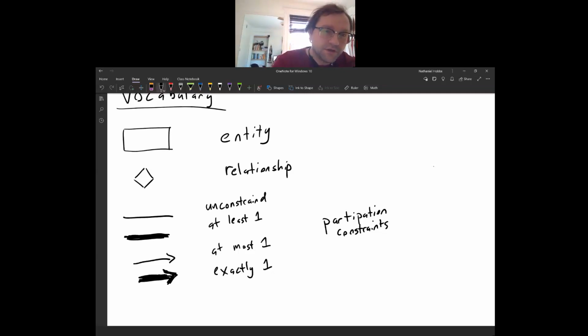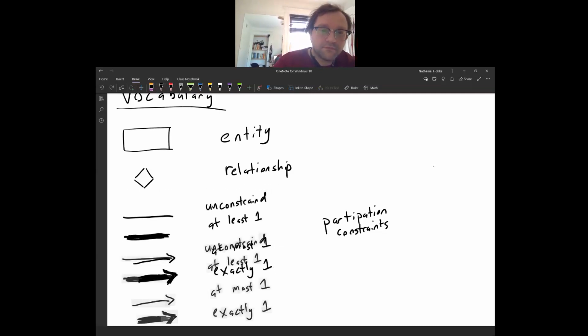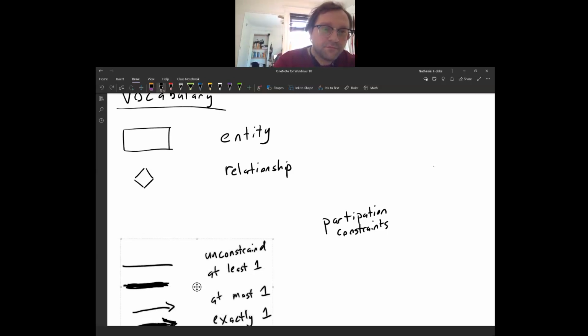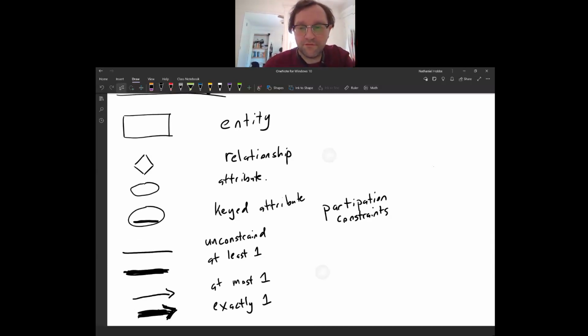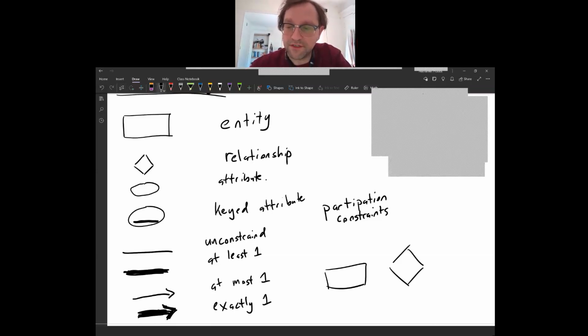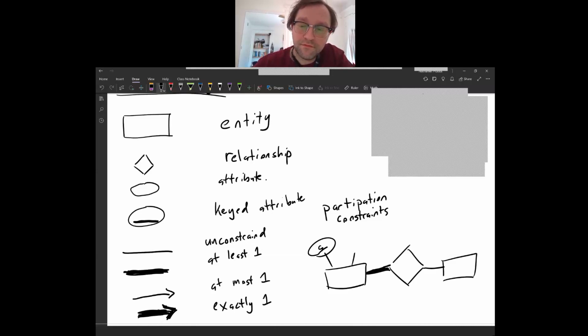Attributes. Okay, so here's sort of the vocabulary. And just to put something into context, this is a typical example of an ER diagram.